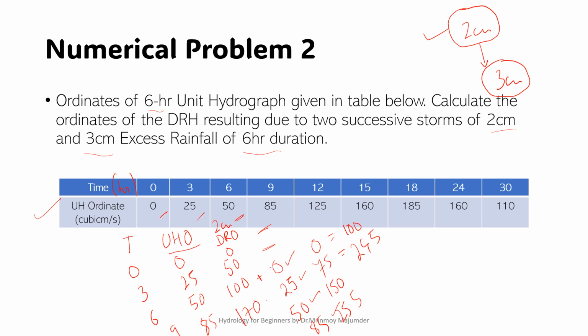Once you have done that, you add with the corresponding ordinates of the 2 cm excess rainfall DRH. Because both are successive, you have to add one with the other. So after lagging and multiplying with the second storm, you add corresponding ordinates only to find the resultant ordinates of the DRH.